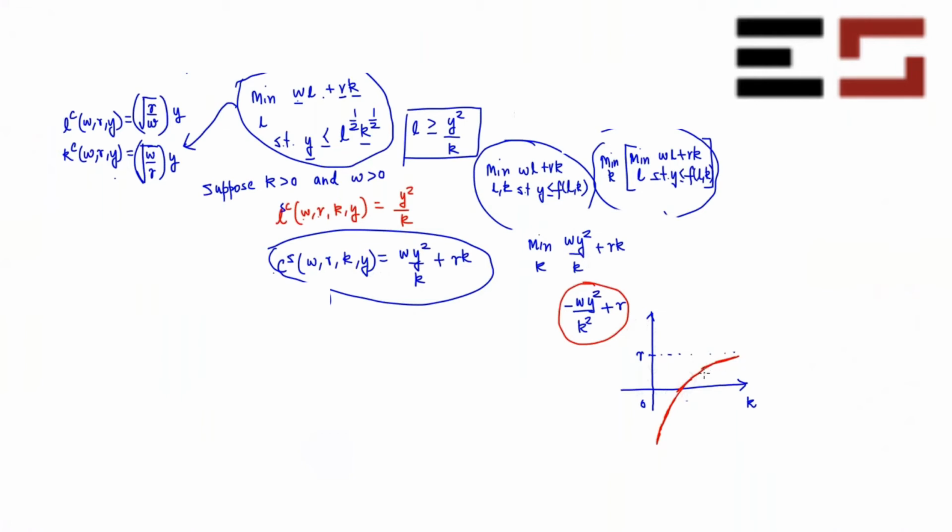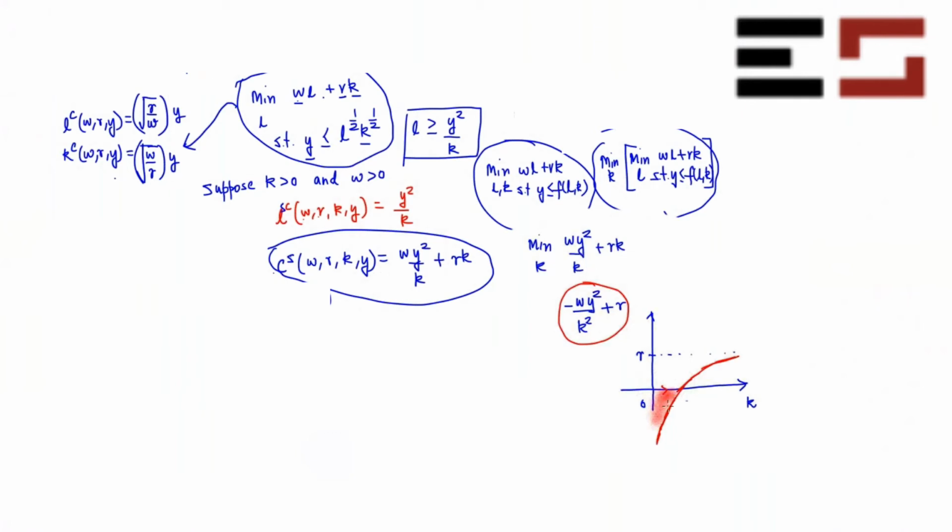Do you all agree? Now you want to minimize cost, so initially this derivative is negative, so that means if you choose more capital, the cost goes down. Do you agree? Higher capital leads to lower cost because the derivative is negative.